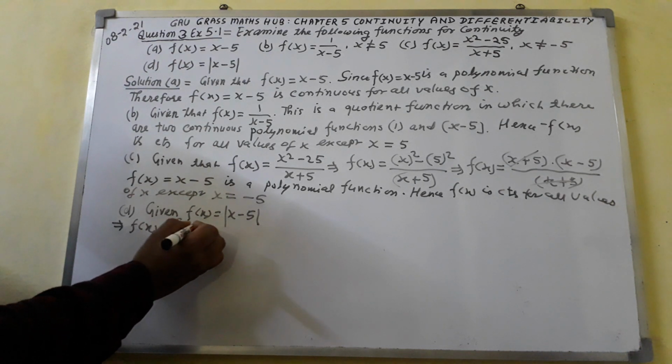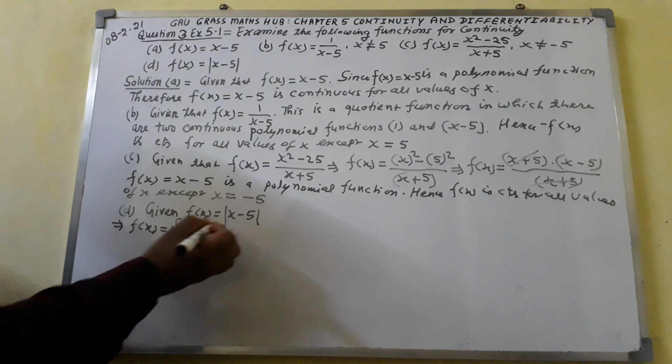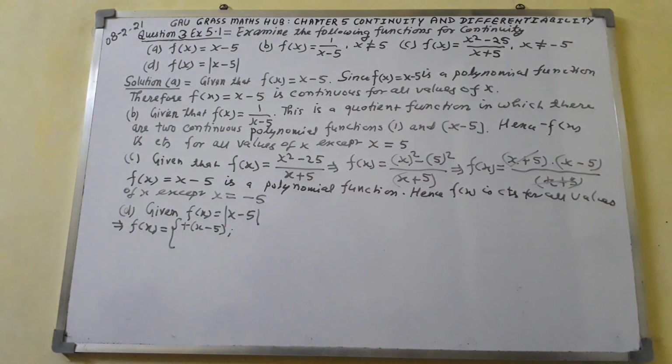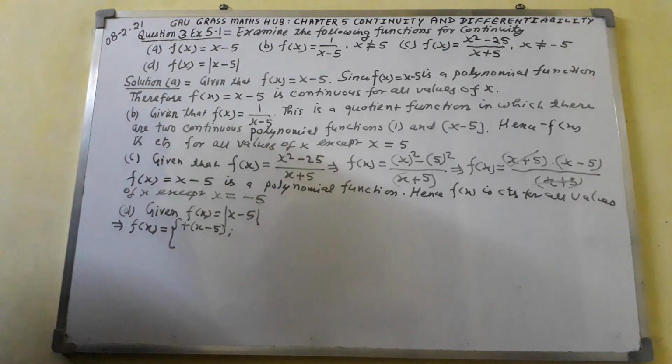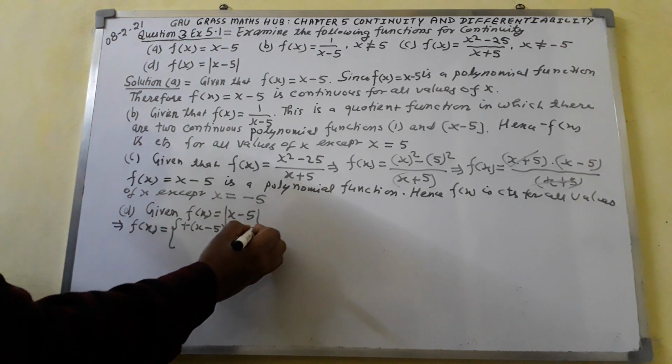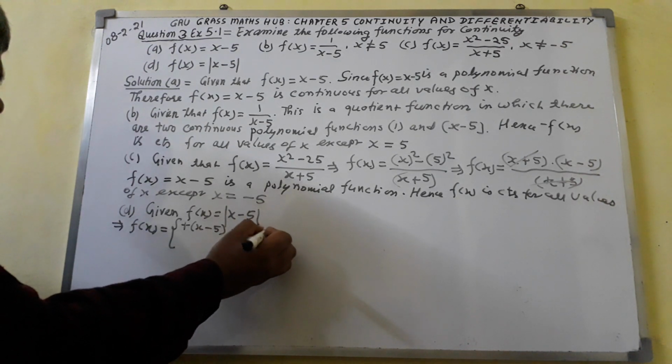If I take the positive sign, x minus 5 will be in the bracket, then the condition I shall take is x greater than or equal to 5.